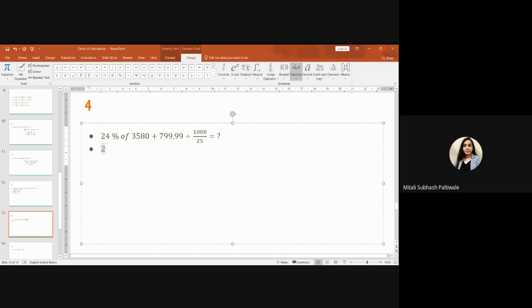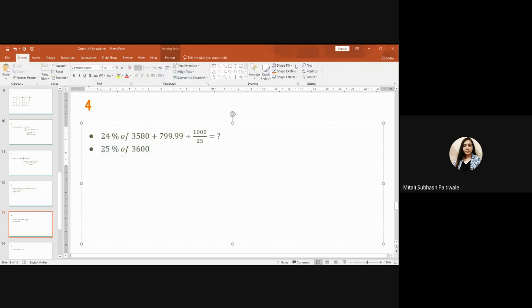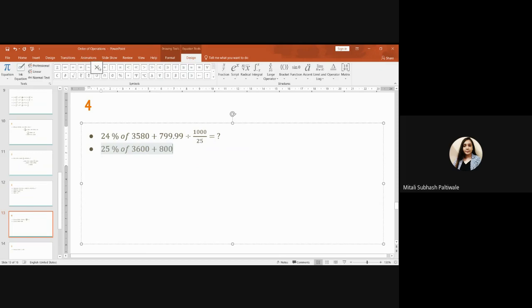Let me just keep one thing, that 25% of 3600. Okay, so this is what we have kept, and here that will become 800, which is then divided with 40. Okay, why 40 is because 1000 divided by 25 would be 40.